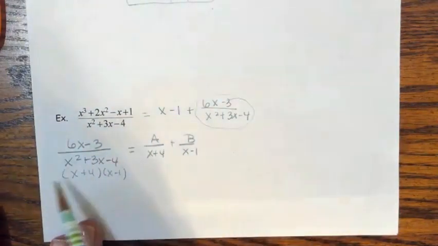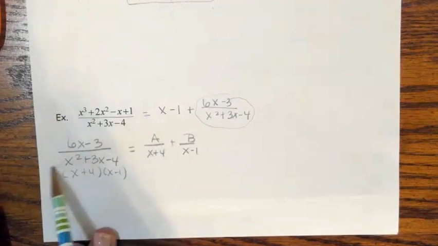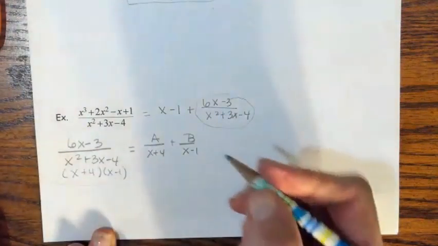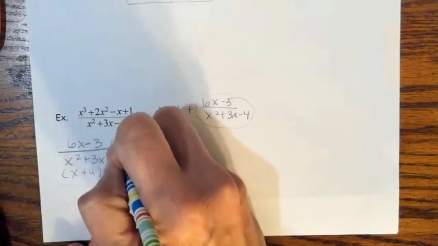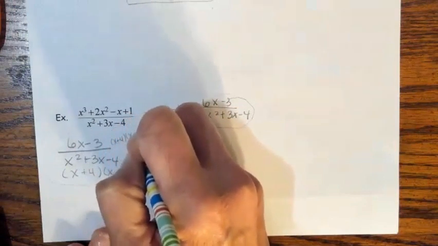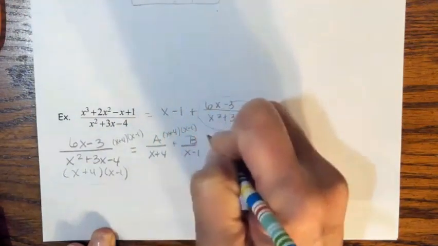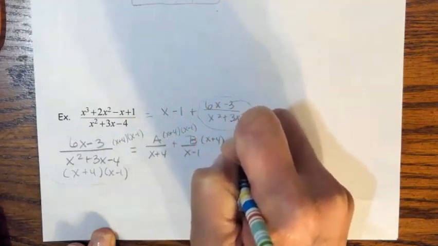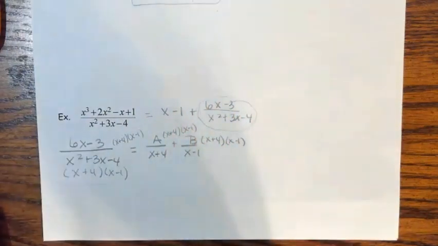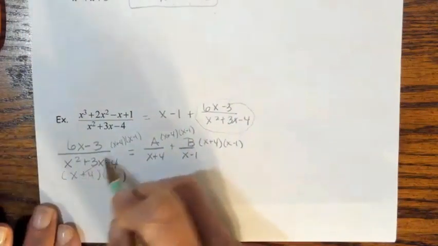Next thing I do, to get rid of the fractions, I multiply by the common denominator, which is that whole thing. So I've got x plus 4 times x minus 1, x plus 4 times x minus 1, x plus 4 times x minus 1. These cancel.